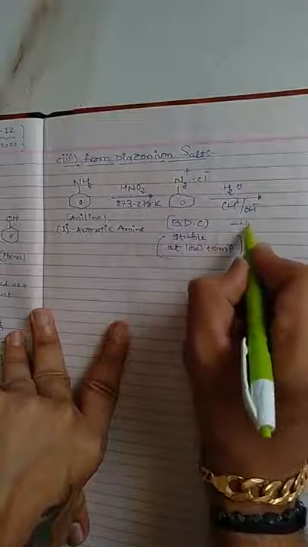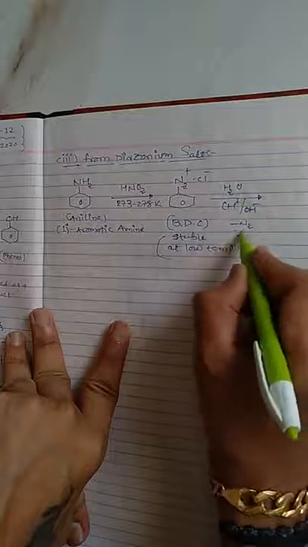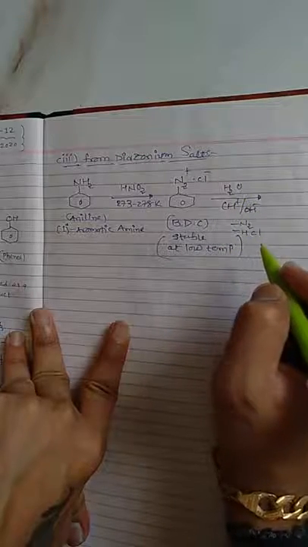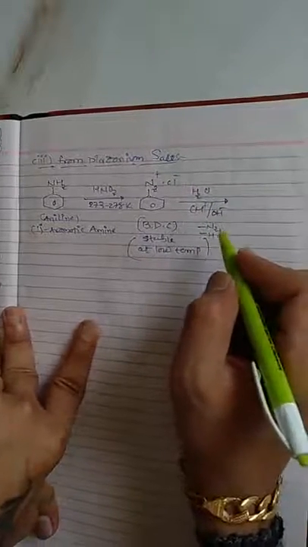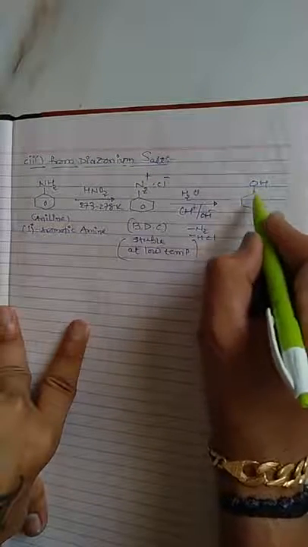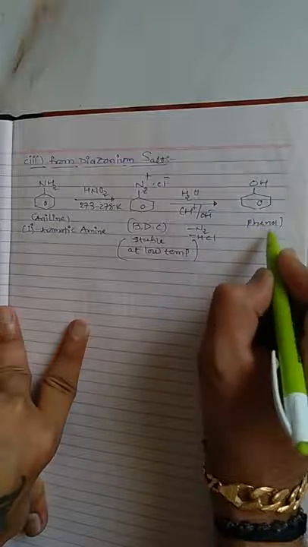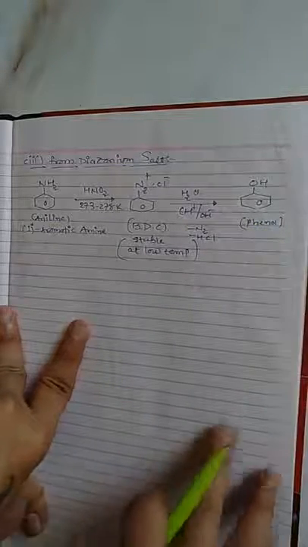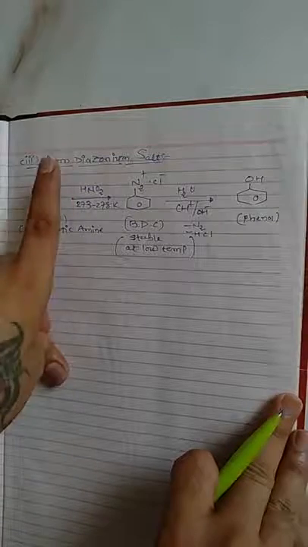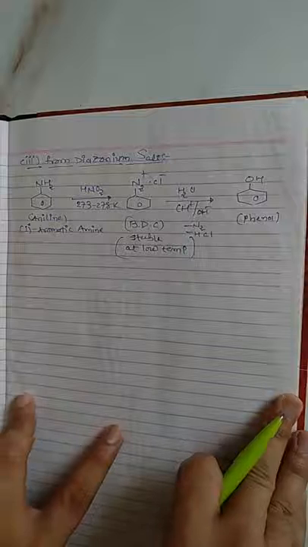Due to increase in temperature N2 is removed in the form of gas. H and Cl are removed in the form of HCl. So the remaining part, benzene having OH, this is phenol. So diazonium salt is also important for the preparation of phenol.